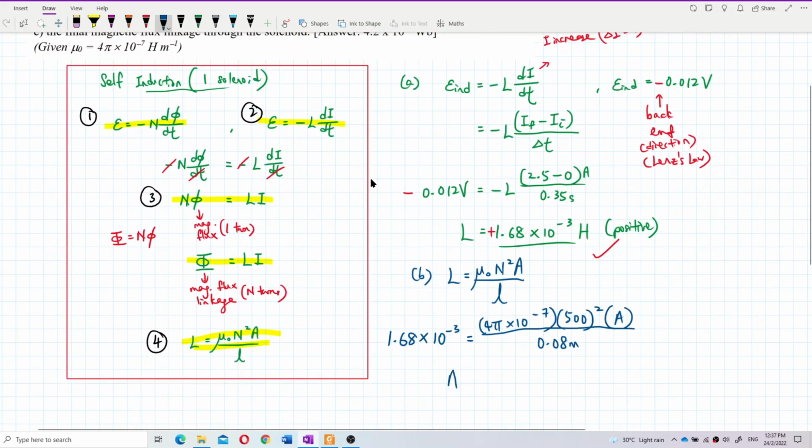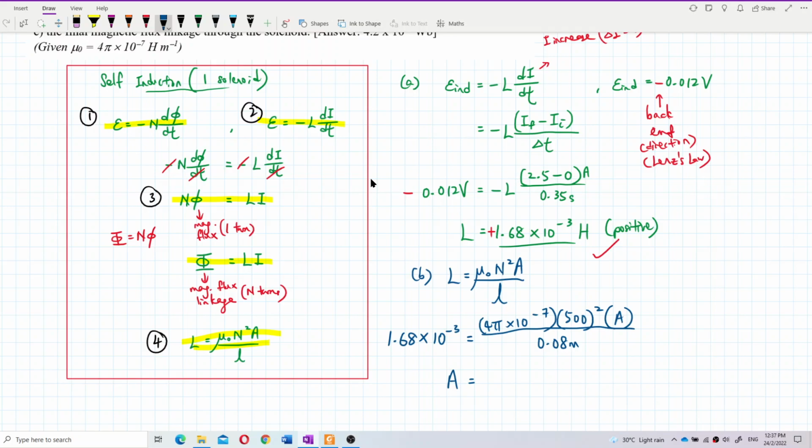So let's calculate. 1.68 exponent negative 3 times 0.08, and then divide by 4 pi exponent negative 7, and then divide again by 500 square.